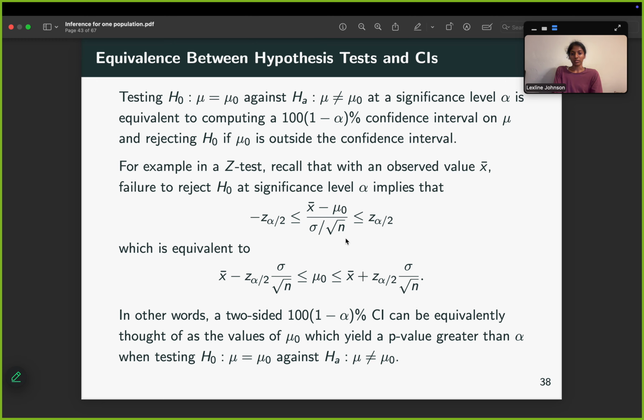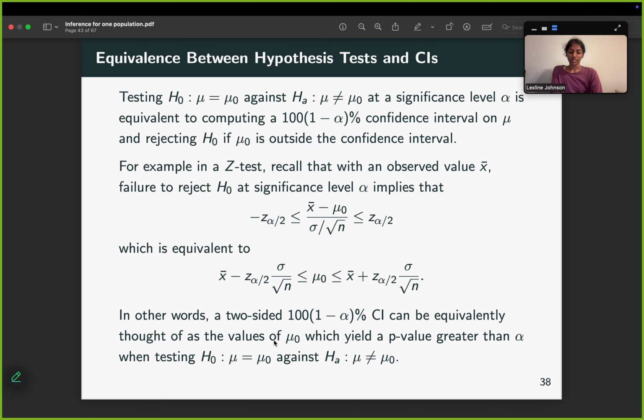And if we rearrange those terms, we get this equation down here, and basically this is a confidence interval where the mean value that we're saying is our population mean needs to be between our sample mean minus this value and our sample mean plus this value.